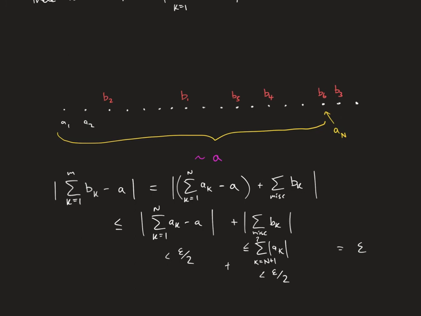Now, also we want to be going out far enough here so that the tail of the absolute value series is less than epsilon over 2.